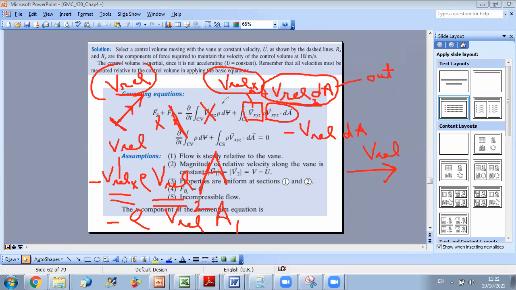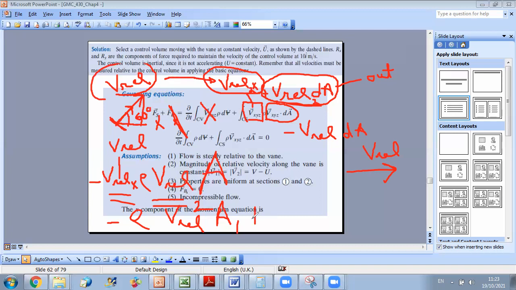Okay, now what will change is this term. For this term, V relative 2x is equal to V relative times a projection. You saw that at the outlet there is an inclination, so I should project this term. Okay, this is why at the outlet I have to use V relative cosine 60. So what does the result become if I replace V relative 2x by V relative cosine 60?